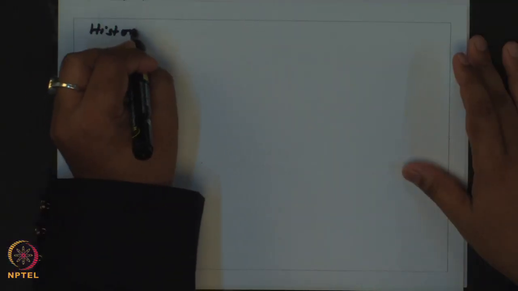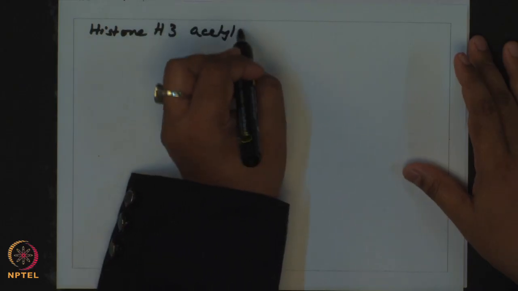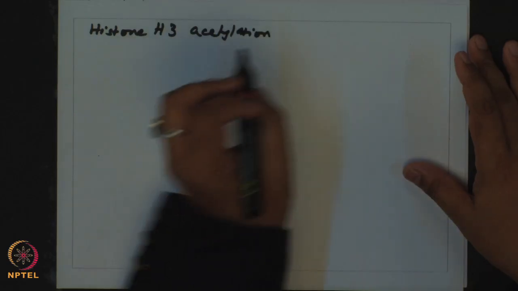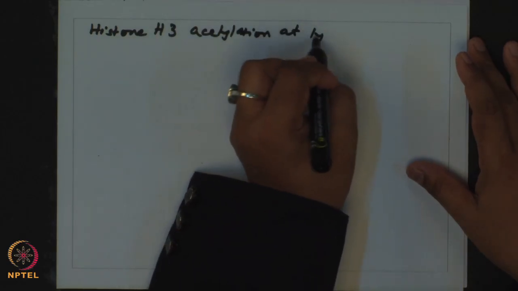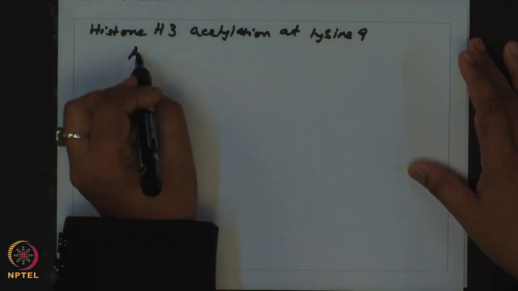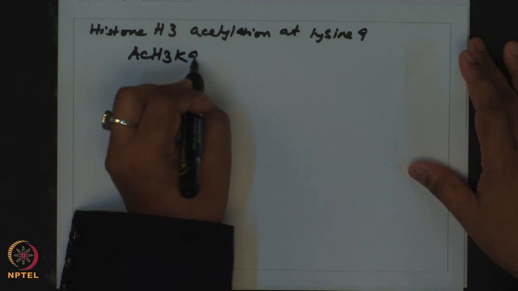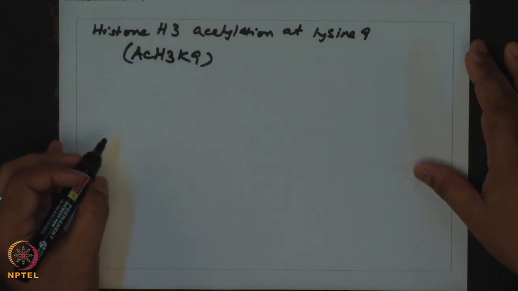What they then checked was whether there was any alteration in histone acetylation, H3 acetylation levels at lysine 9. This is typically written as AcH3K9, a histone acetylation.